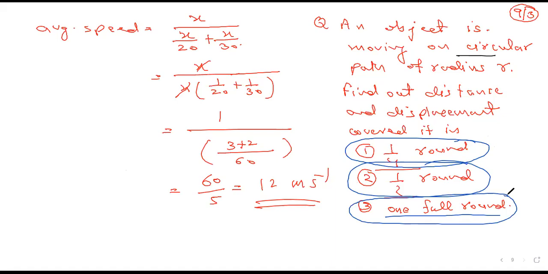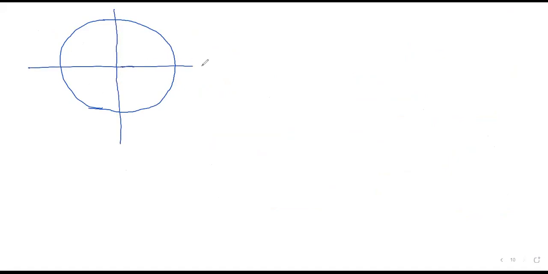Okay, let's go with 1/4. Suppose something like this. You are starting from A, going to B, and then to C, and then returning to A. When you go along the quarter round, here to here, then the distance is 2 pi r upon 4.